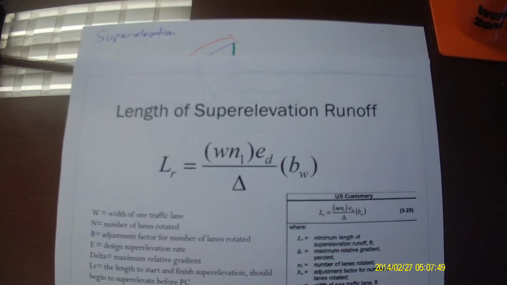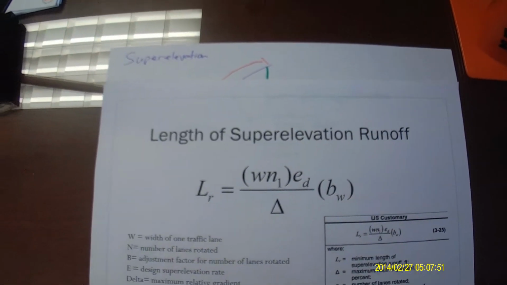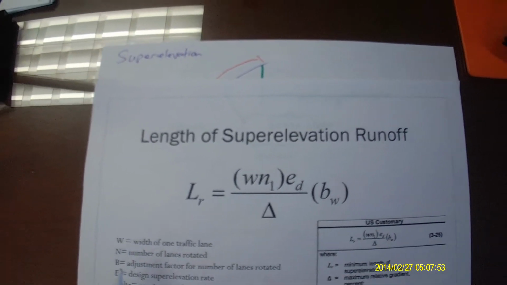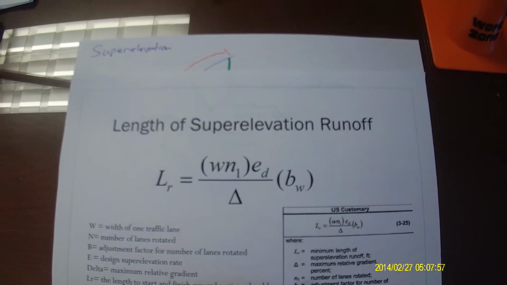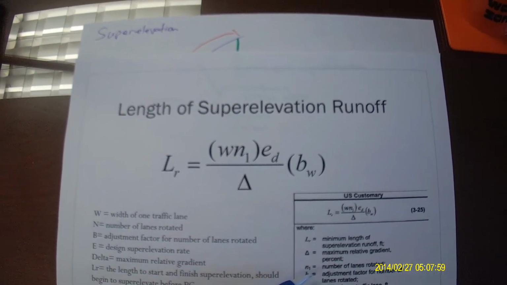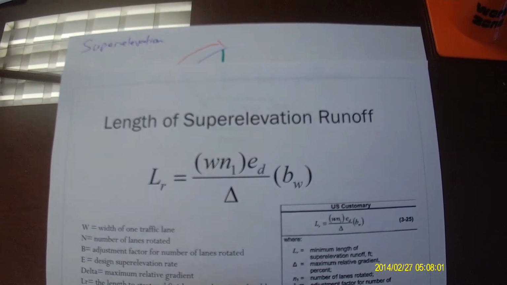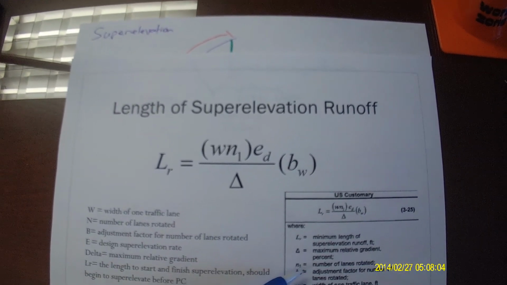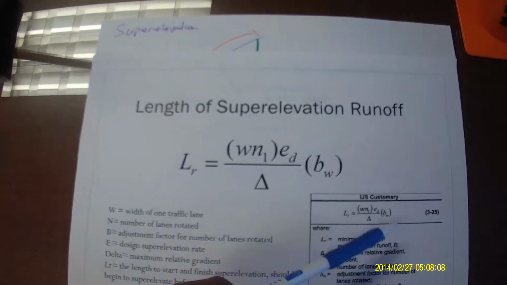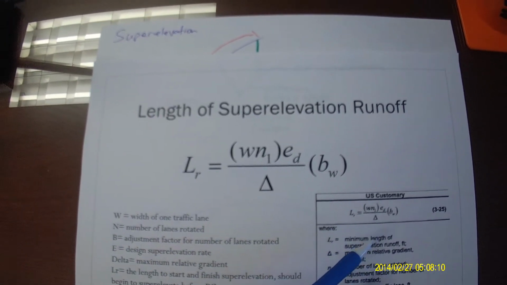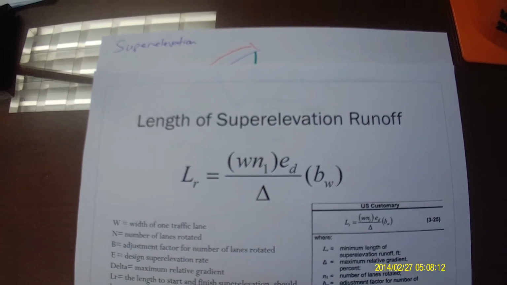These are the equations, and this equation has these terms defined for you. I got this out of something called the Green Book, which is published by the American Association of State Highway and Transportation Officials. It is pretty much what we call the Bible of Transportation and Highway Design. So all of these things are common to practice.